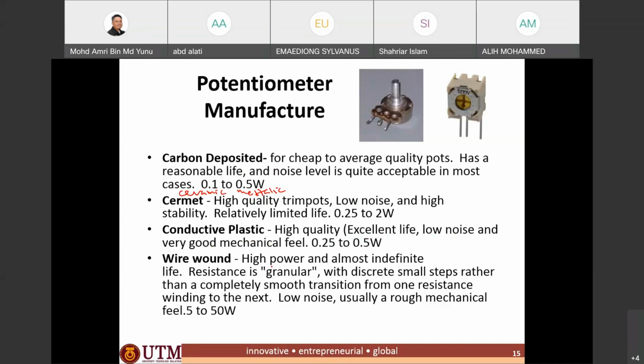And then wire wound: high power, almost indefinite life. The resistance is granular with discrete small steps rather than a completely smooth transition from one resistance winding to the next. It comes at a bit more cost, and it is low noise, usually with a rough mechanical feel, not so smooth in movement.